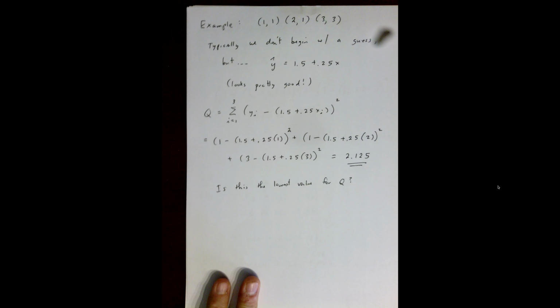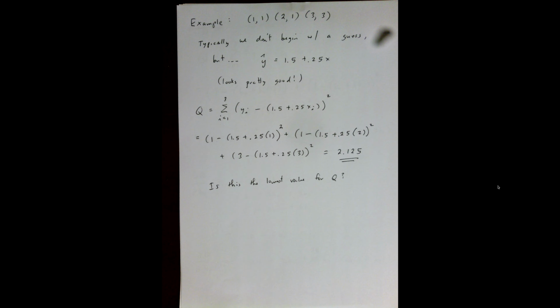Now, let's look at just a very, very, very simple illustration. So I chose a small data set, and although we typically don't begin with a guess, let's just say that we are making a guess. All right.